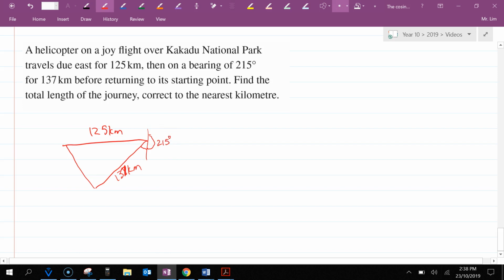So in order to work out the total length of the journey, we need this last bit. And in order to work that out, because we've got 2 sides, we need 1 angle. So that angle there has to be 270 minus 215, which is equal to 55 degrees.